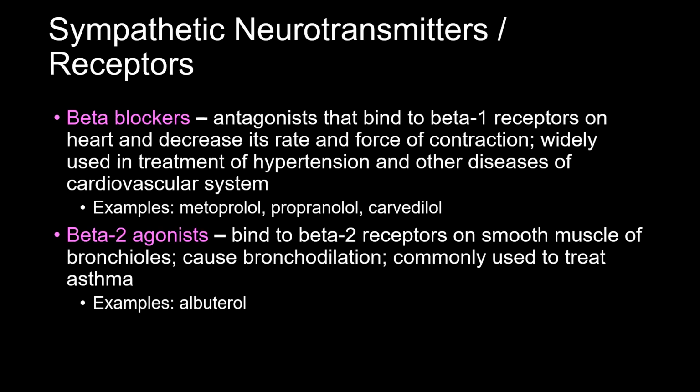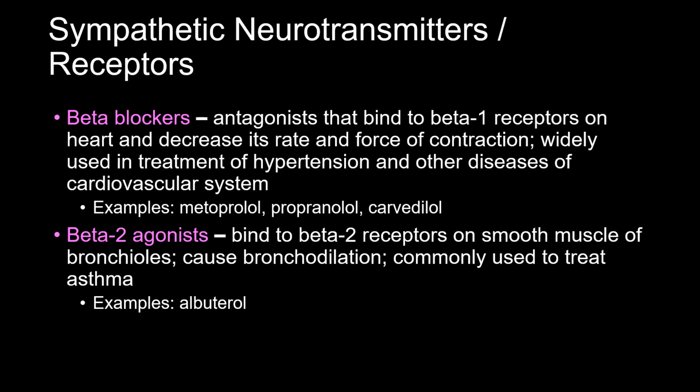Then you have beta blockers, and beta blockers are antagonists that bind to beta-1 receptors on the heart and decrease its rate and force of contraction. These drugs are widely used in the treatment of hypertension as well as other diseases of the cardiovascular system. And then you've got beta-2 agonists. And beta-2 agonists bind to beta-2 receptors on the smooth muscle of the bronchioles, causing bronchodilation.